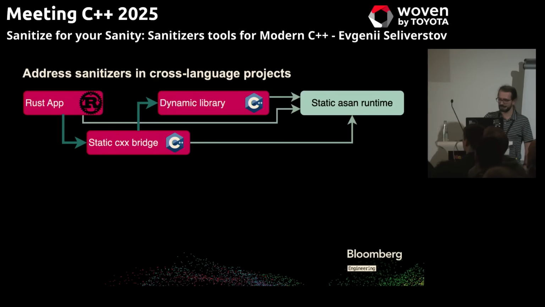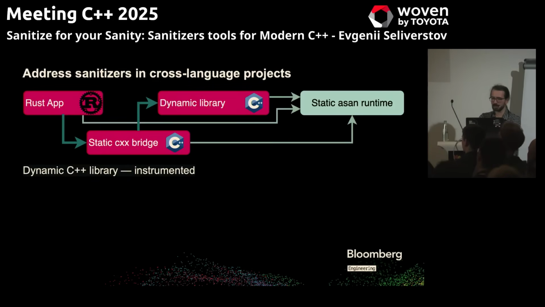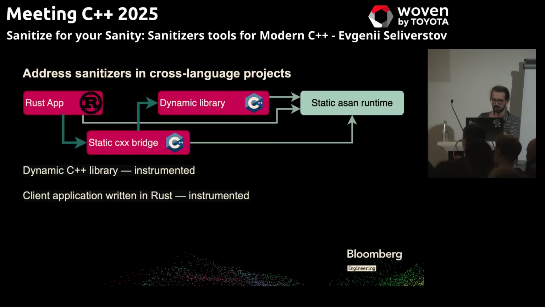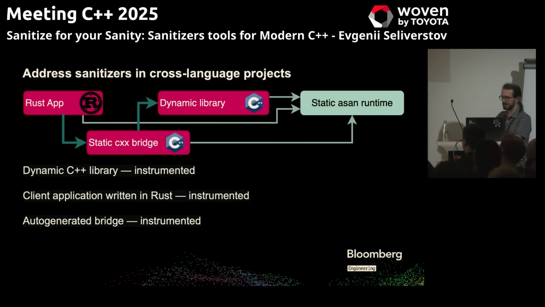So let's see also how it works in cross-language projects. So imagine we have a Rust application, we have a dynamic library, and all of them are instrumented. So we'll catch the problems between these boundaries. First of all, it's not so simple because we need to introduce a special bridge for the sake of this example.